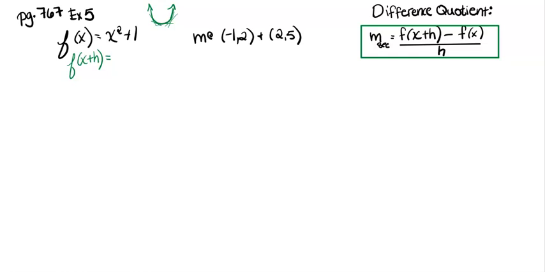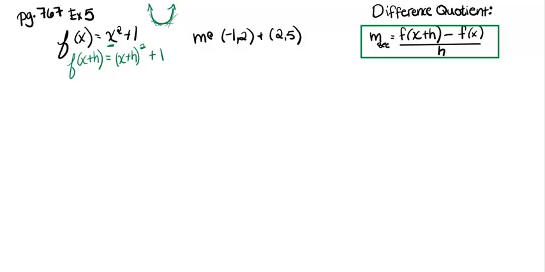So what is f of x plus h? Well, all we're doing is evaluating f of x at the point x plus h. So I plug in an x plus h for every x I see. So x plus h, that goes in for that x right there, it's squared, plus 1. That's all I do.